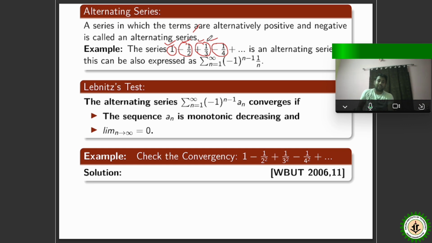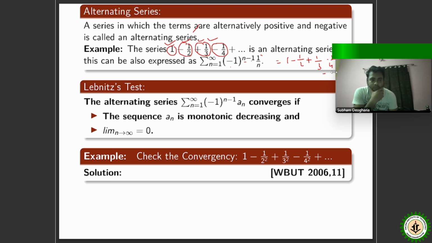That is why it is said to be an alternating series. This can also be written as summation of minus 1 to the power n minus 1 into 1 by n. If n equals 1, the first term will be 1 into 1 by 1. The second term will be minus 1 by 2. The third term will be plus 1 by 3, minus 1 by 4, and so on.